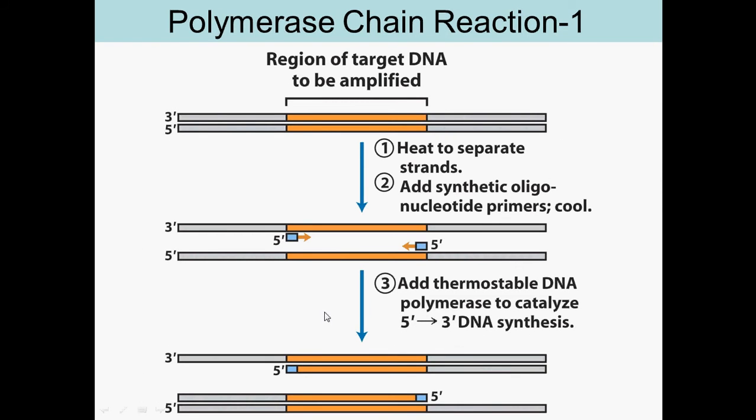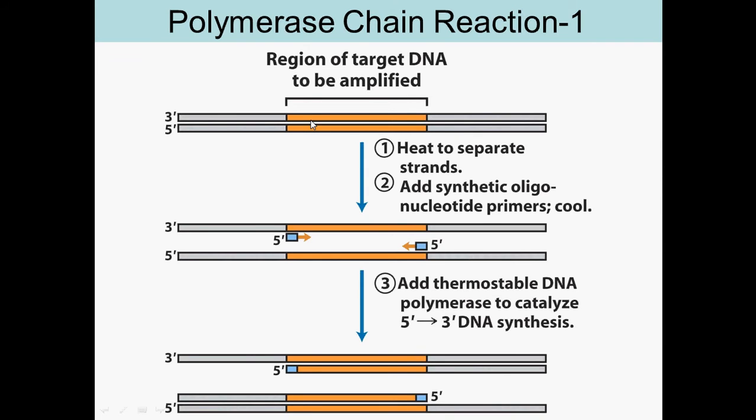Okay, so the steps in PCR with the pictures. So this is the whole genome, and we want just this little segment, because this whole genome could be up to 3 billion base pairs long, and you can only do up to maybe 10,000.